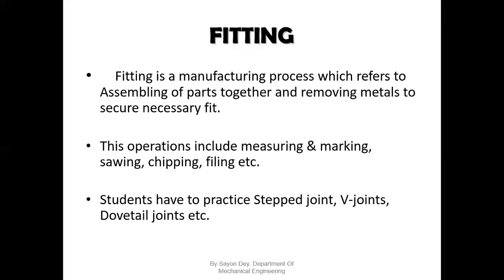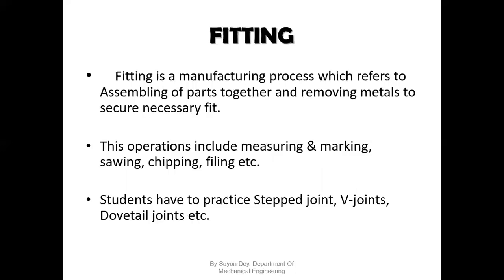Already I have a separate video about the fitting, but again, I'm going to introduce our shops. Basically, in our fitting shop, we have to work on metallic workpieces. That means our raw material will be metal, and we have to cut or remove material from the metals.